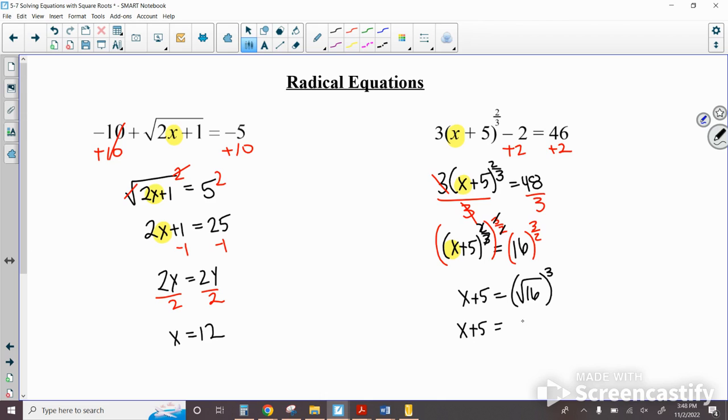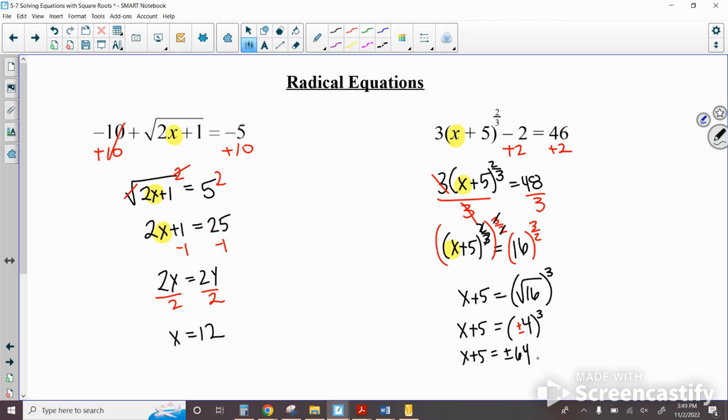We have x plus 5 equals. The square root of 16 is 4, but more specifically it's plus or minus 4. Since we're solving, we want to think of all possible solutions for x, and when you take the square root of 16, positive and negative 4 are the different options. So make sure you include the plus or minus. I still want to raise that to the third power, so if I simplify, I get x plus 5 equals plus or minus 64.